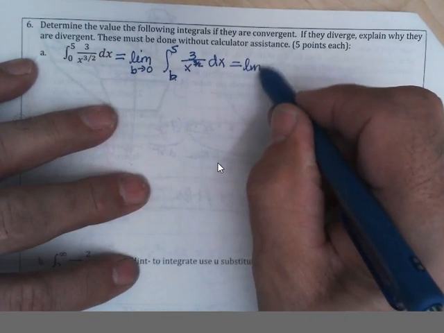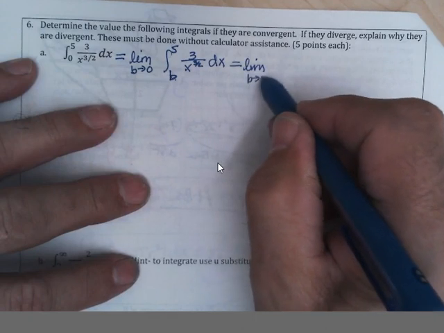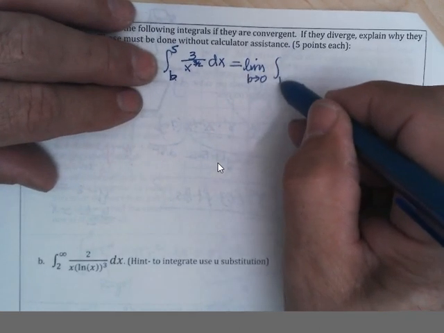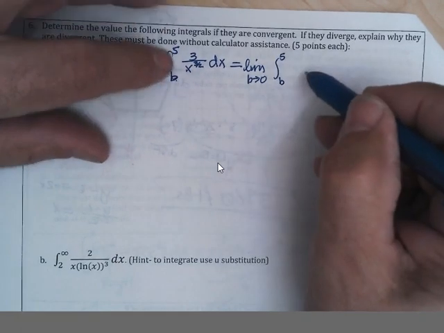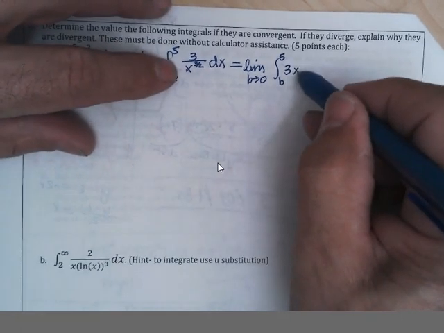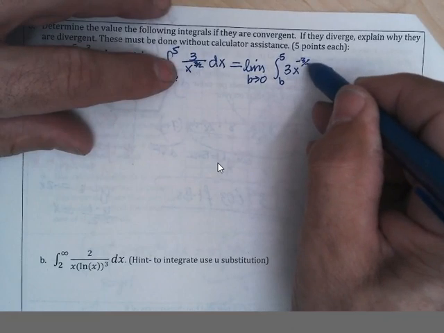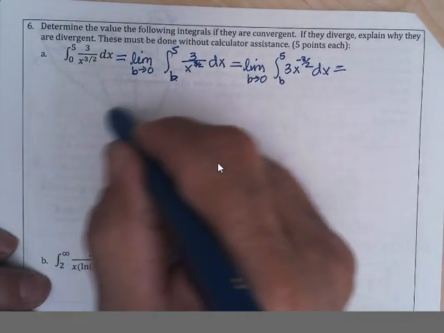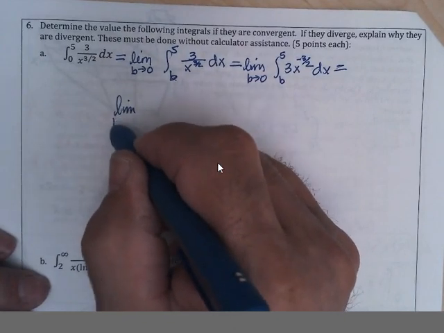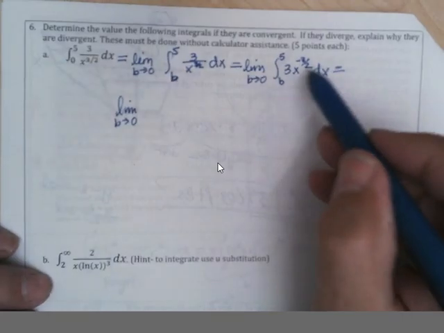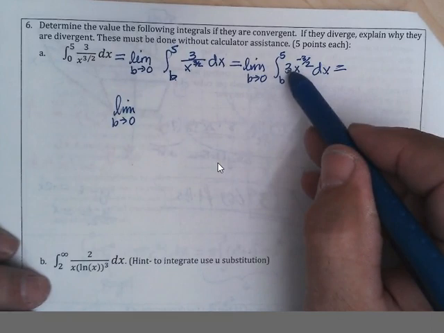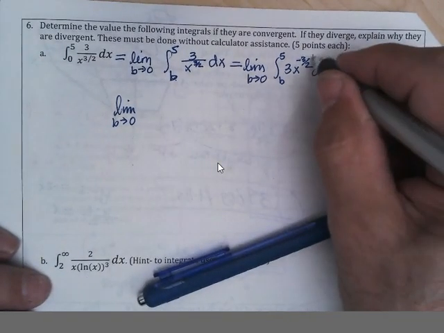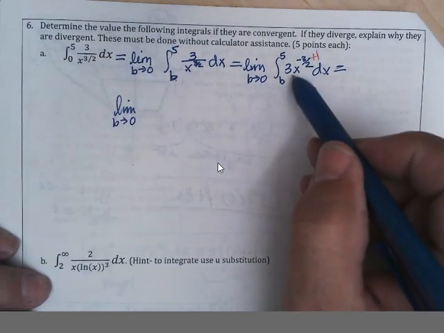I'm not taking the limit yet, so I have to keep writing it, and I'm not going to integrate yet. I'm going to write this as the limit as b approaches 0 of the integral from b to 5 of 3x to the minus 3 halves dx. The antiderivative of 3x to the minus 3 halves, we have to add 1 to the power and divide by what we get.